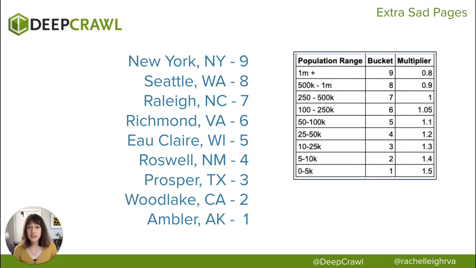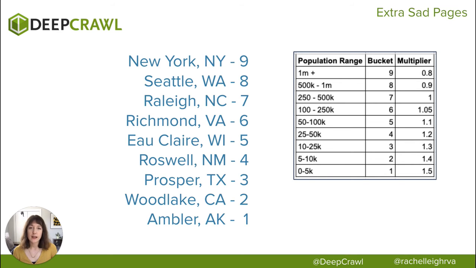All right, so this is the most complicated part of this whole presentation, and it's really not that bad. I created a distribution model based on population of cities. So large cities like New York, with over 1 million residents were assigned a bucket of 9. Tiny cities with under 5,000 residents were assigned a bucket value of 1. And then I created a multiplier value for each bucket.